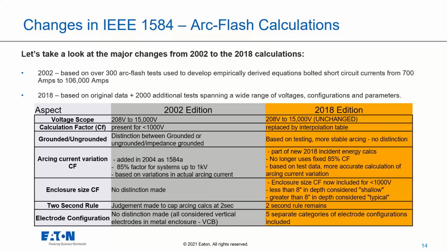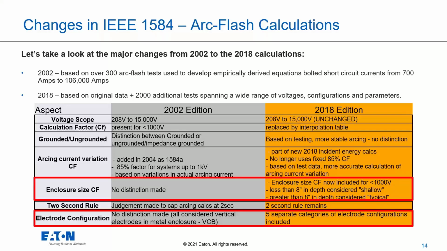So the two main changes I really want to focus on are the third from last there, the enclosure size correction factor, and the last one listed, the electrode configuration. The 2002 edition had no distinction made for enclosures, versus the 2018 standard has a correction factor included for voltages as well as for what they call a typical depth of the enclosure.